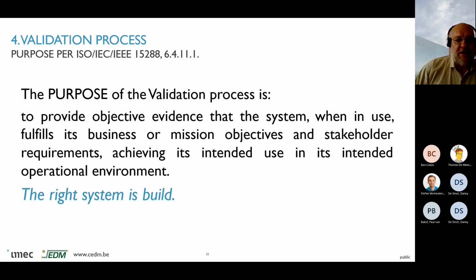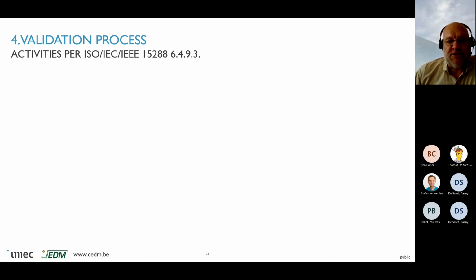So where verification is about, is the system being built right? Is it built according to the requirements? Here we go actually more in depth and check whether the right system is being built. So we check against the needs.